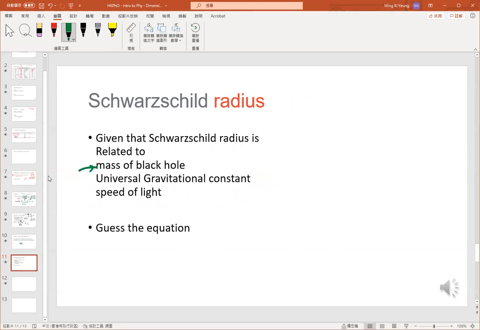Maybe the more massive the black hole is, the more difficult it is for the object to escape from it. The next one is the universal gravitational constant. When we talk about the topic of gravitation, you know this constant will go through the whole chapter. And then the next one is the speed of light.